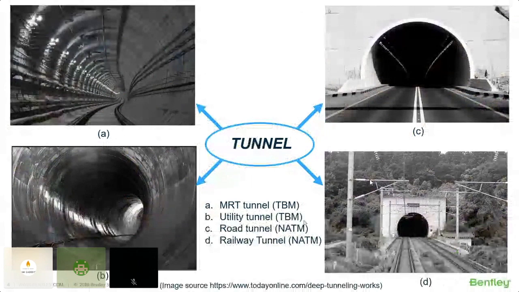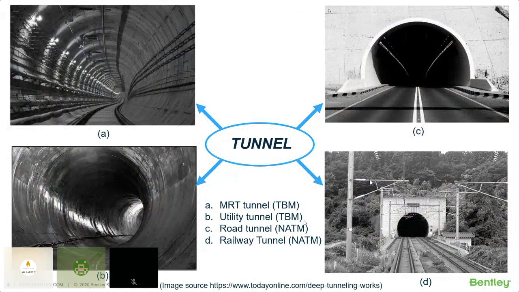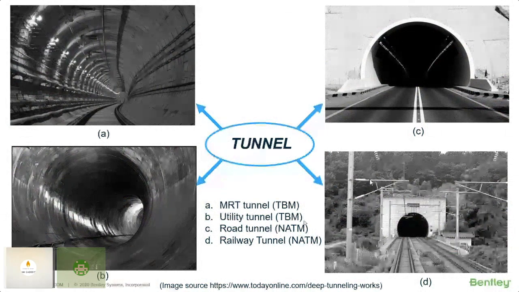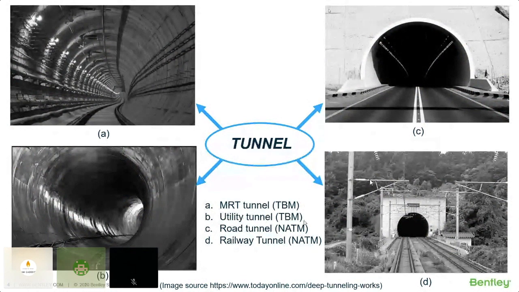Now, the development of infrastructure is increasing in urban areas in almost all countries because of the growth of population and also economy. So in urban areas, tunneling activity is increasing to improve road and railway connectivity, to adopt MRTs, to expand water supply, or to improve public utility services.